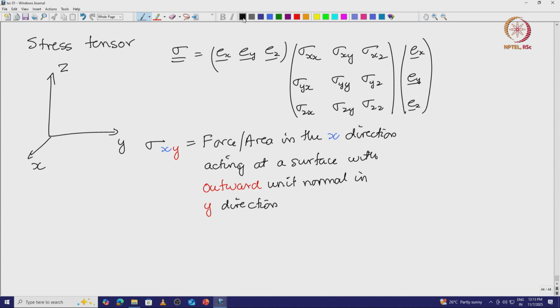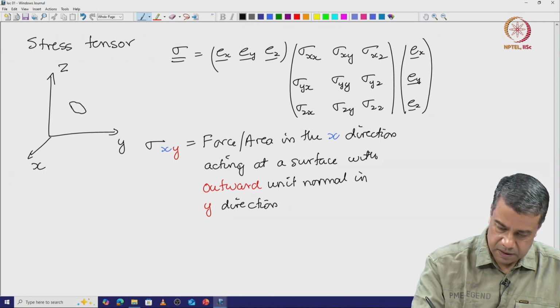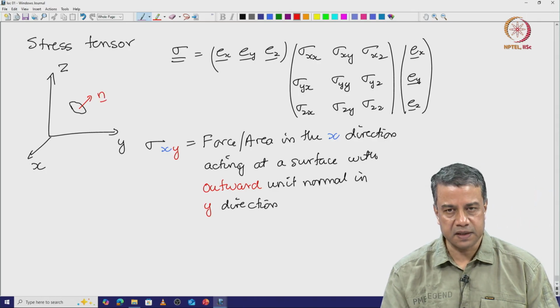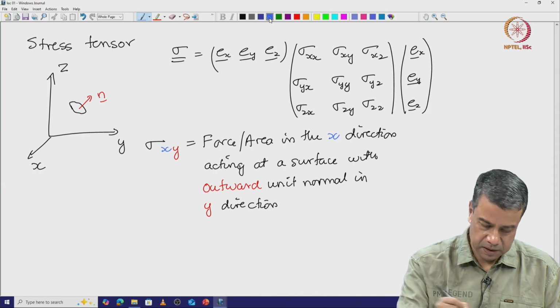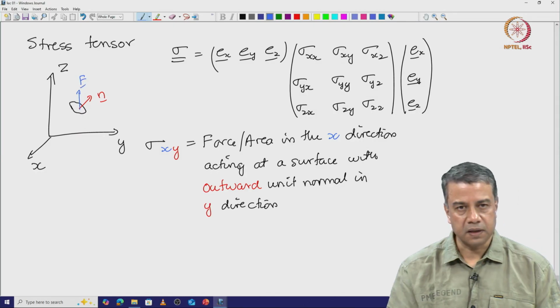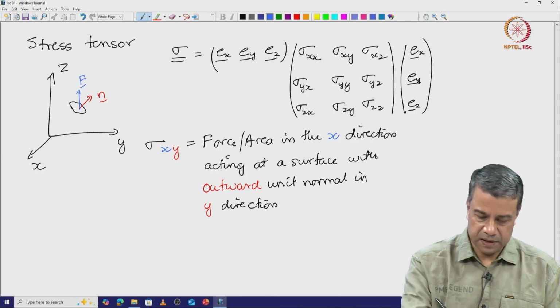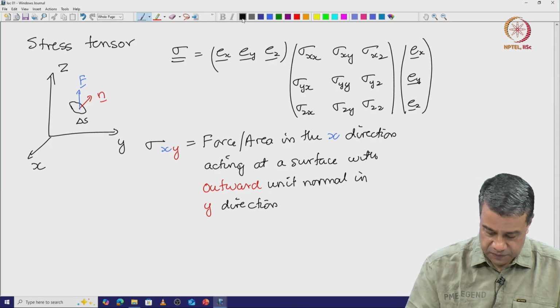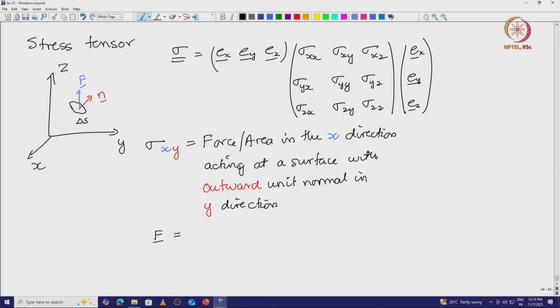So, if I have a surface S with some particular unit normal n, and I want to find out what is the force acting at this surface, if this is a differential surface delta S, of course, the force itself will be proportional to delta S. So, therefore, the force vector acting at the surface is equal to sigma dotted with the unit vector times delta S.